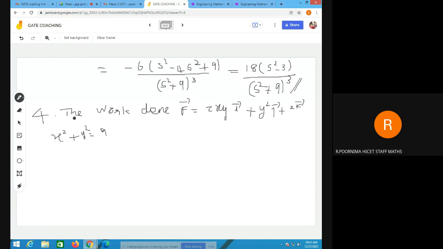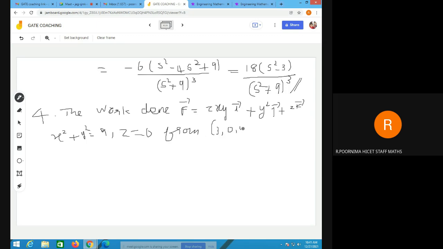So I am repeating the question. The work done by the force F vector equal to 2xy into i vector plus y square into j vector plus z into k vector in moving a particle over the circular path, x square plus y square equal to 9 and z equal to 0, from the point 3, 0, 0.